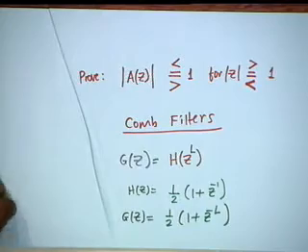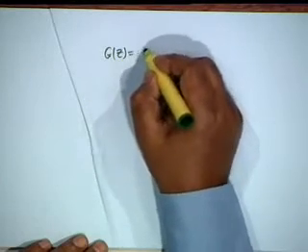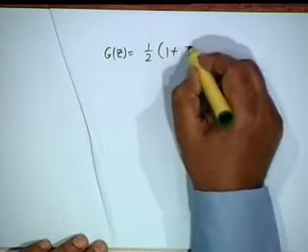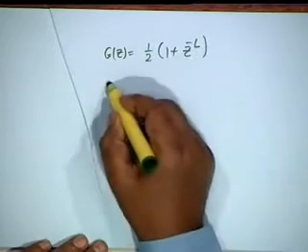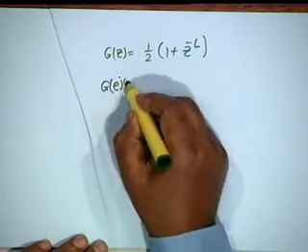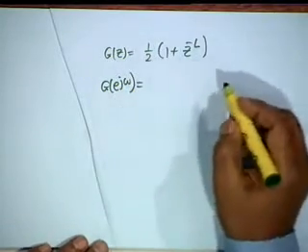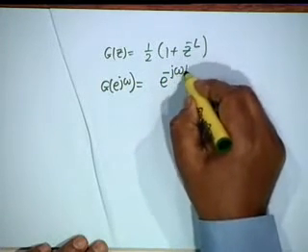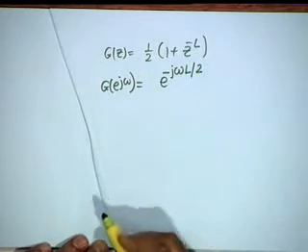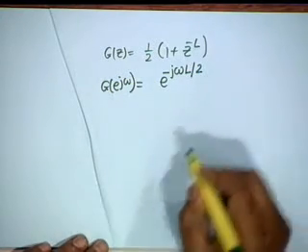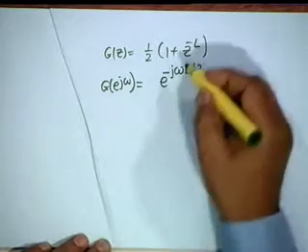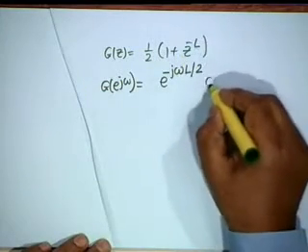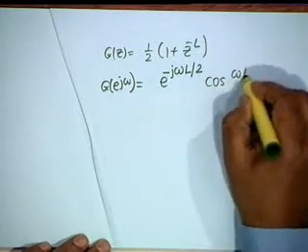And if I write the frequency response of this function, G of Z is equal to half (1 plus Z to the minus L), the frequency response G of e to the j omega shall be e to the power minus j omega L by 2 times sine or cosine. It will be cosine because there is a plus sign, cosine of omega L by 2.